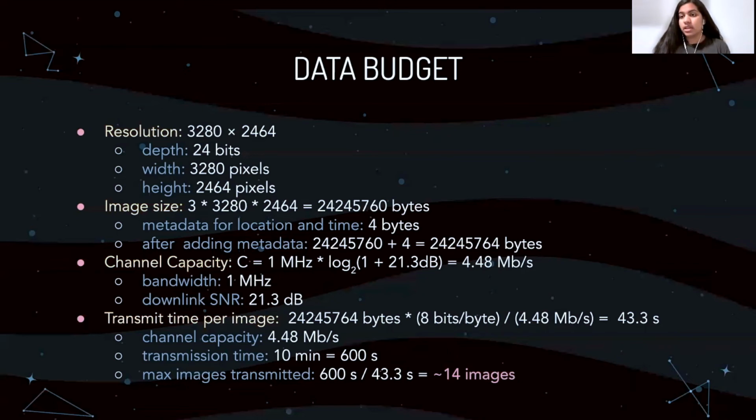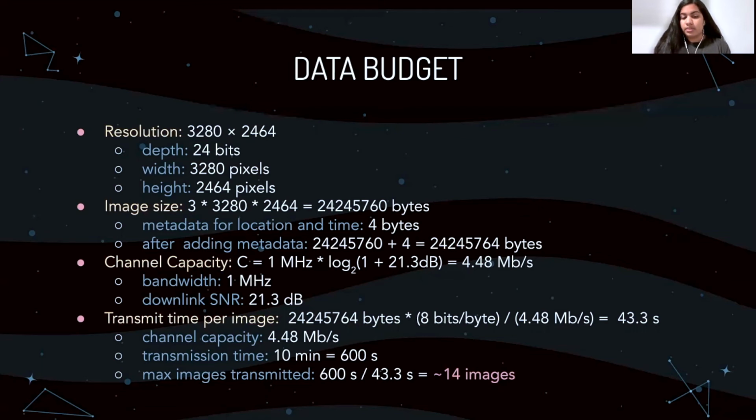So we calculated our channel capacity using the formula given in the course, and we got our channel capacity to be 4.48 megabits per second. This is with our bandwidth being 1 megahertz and our downlink SNR, as Nandana said, being 21.3 decibels. With that channel capacity and our image size, we got that the time to transmit each image would be approximately 43.3 seconds.